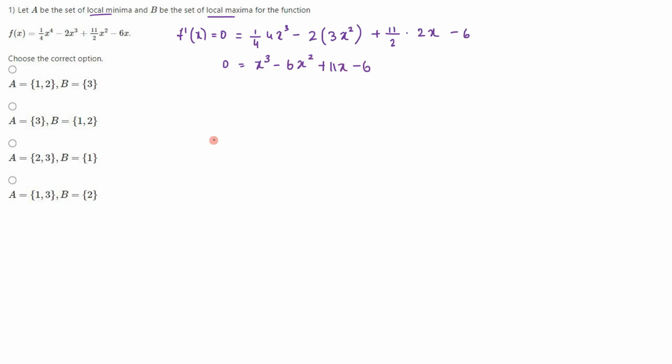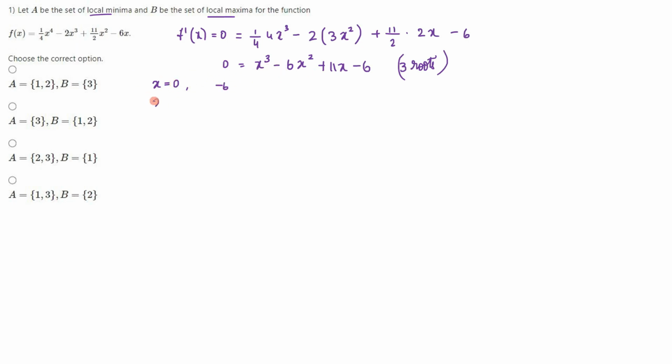Okay, so for this we have to solve this cubic equation. For a cubic equation we know that we have 3 roots, right? So we'll go by the elimination method, substituting values of x. For x equal to 0, the value is minus 6, so x equal to 0 is not a root.